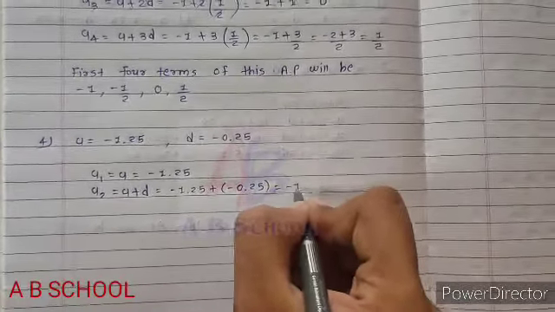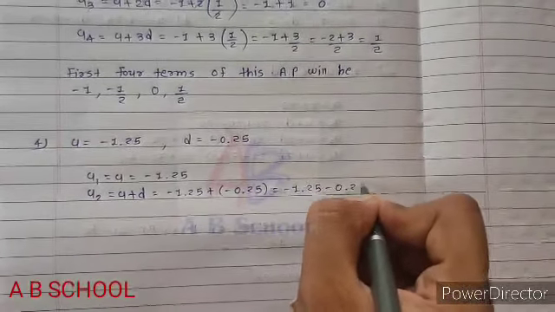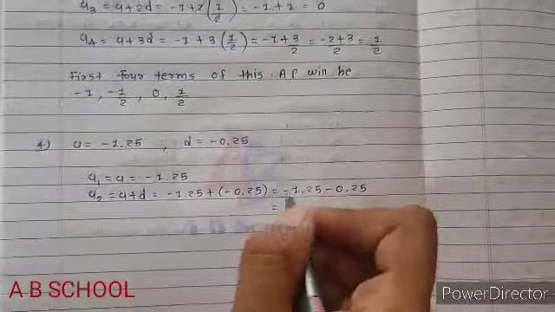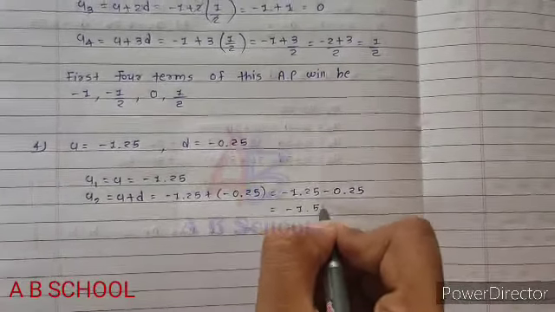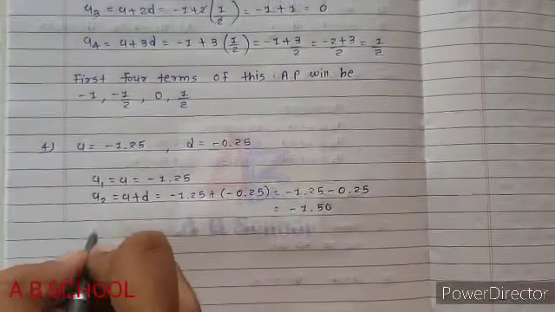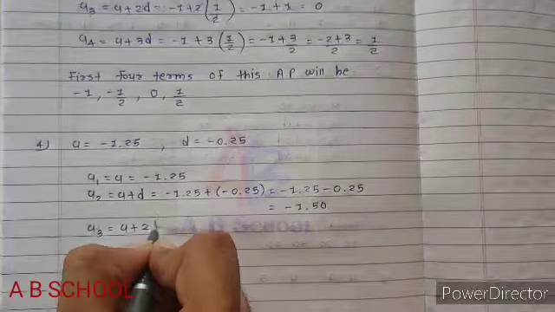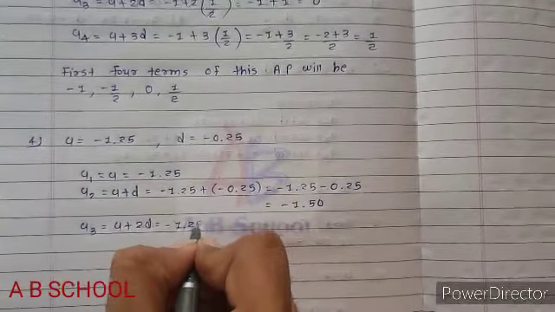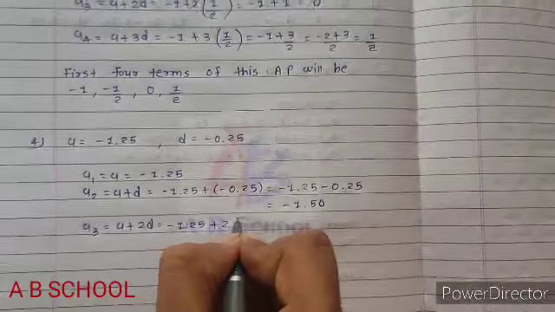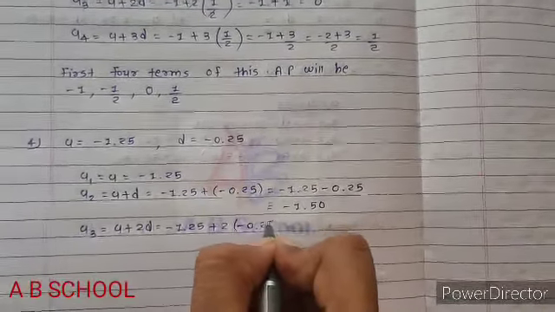So -1.25 plus -0.25 is equal to -1.50. Value of a3 is equal to a + 2d. A is equal to -1.25 plus 2 times value of d, common difference d is equal to -0.25.